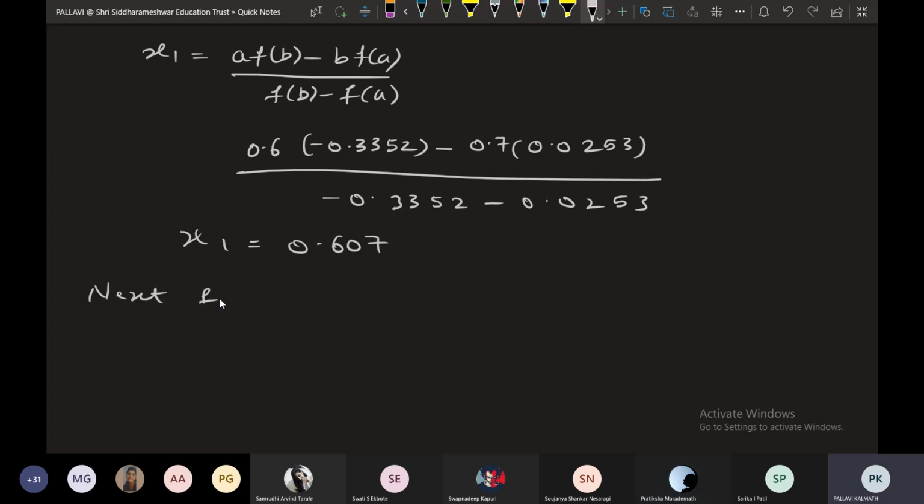Yeah. Next find f of 0.607, which is cos of 0.607 into 0.607 plus 1.